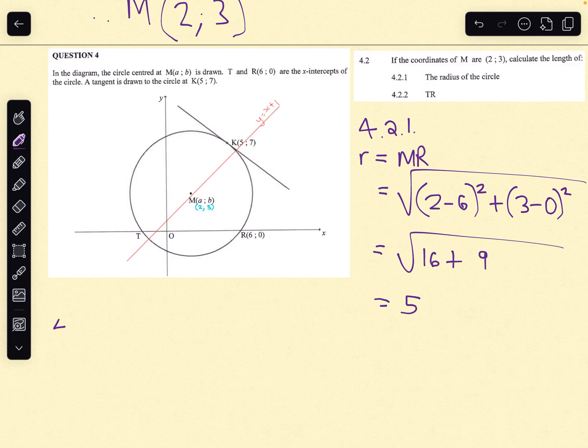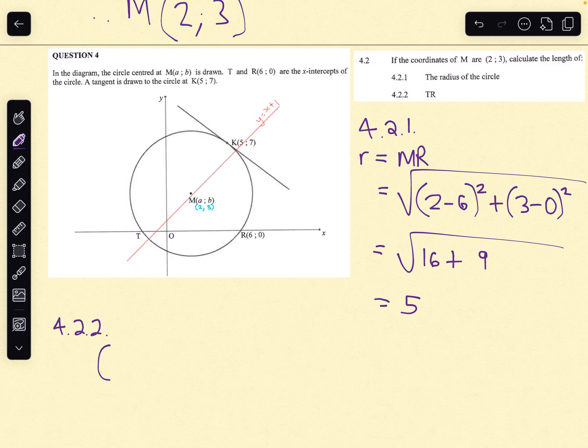Right, and then for the second question, we're asked to work out the distance TR. Remember T is an x-intercept, the other x-intercept of the circle. X-intercept occurs when y is equal to 0. So we need the equation of the circle, right?